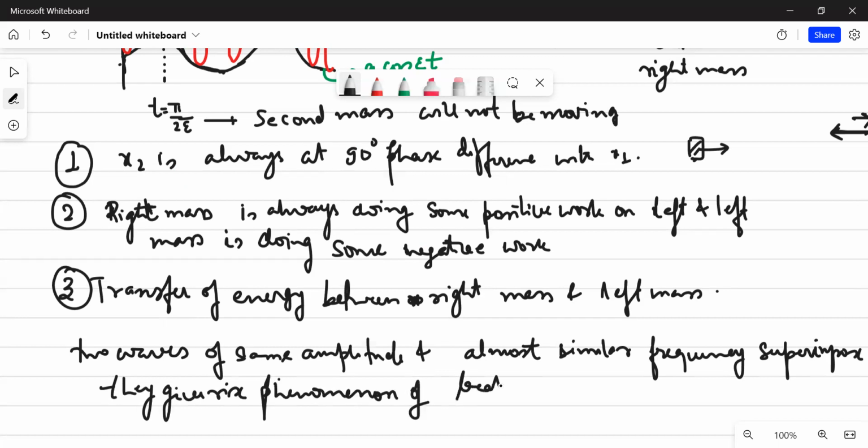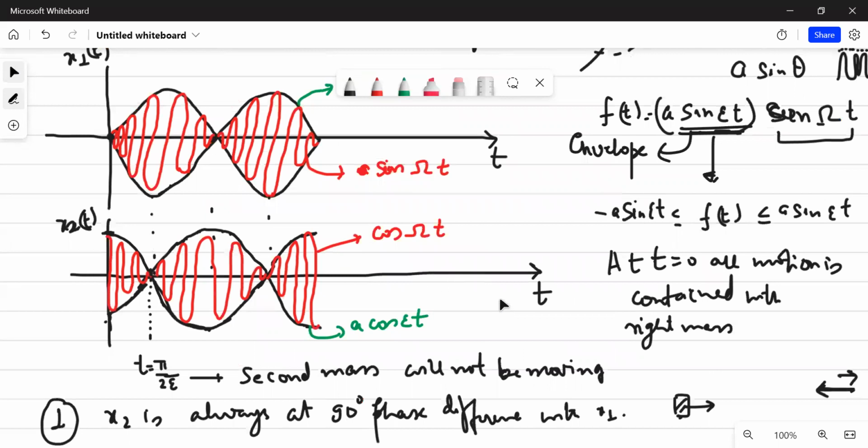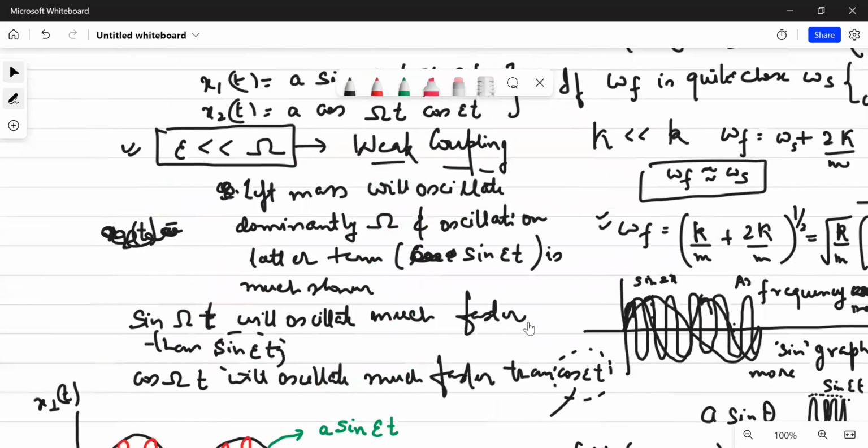And you can see here that your omega s is almost equivalent to omega f. Is that clear? So omega s is almost equivalent to omega f. Is that clear or not?